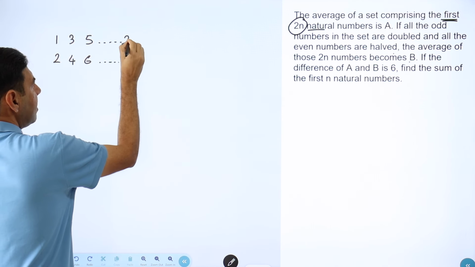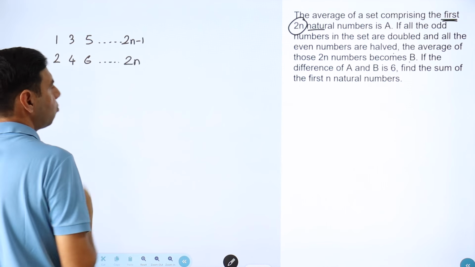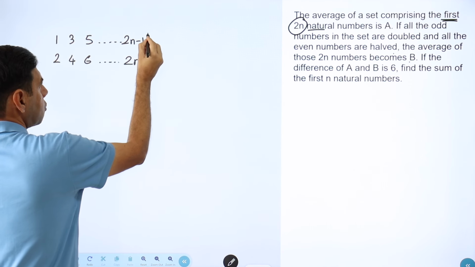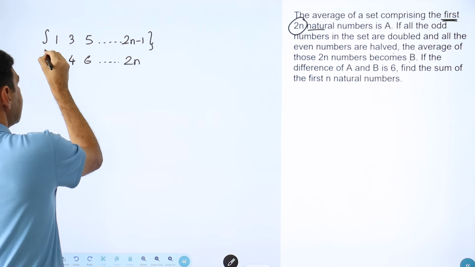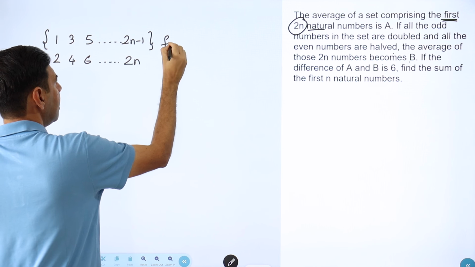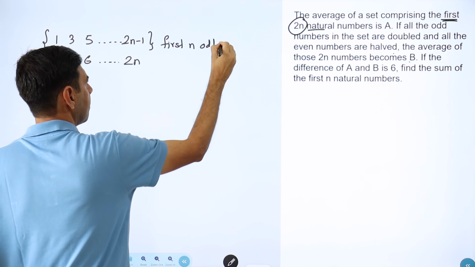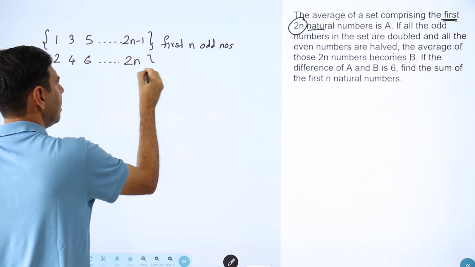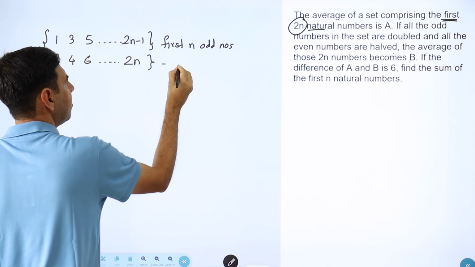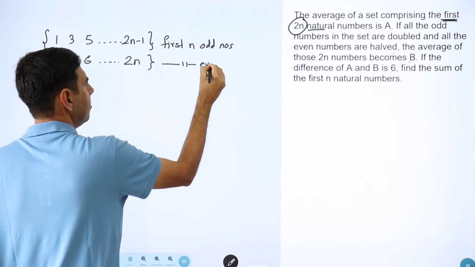The one prior to it is going to be 2n minus 1. So this top row is nothing but the first n odd numbers. And the second set is the first n even numbers.